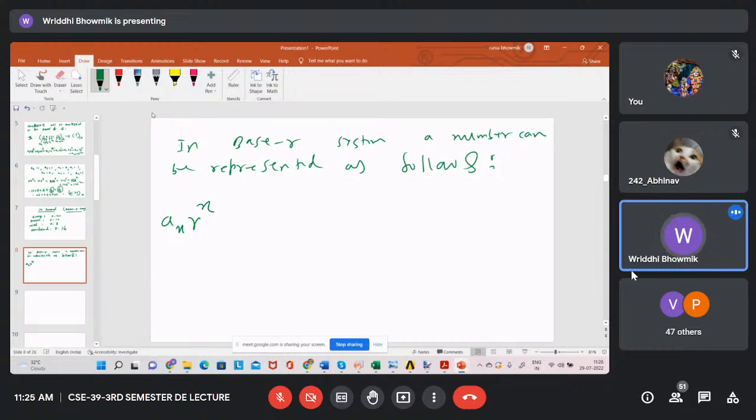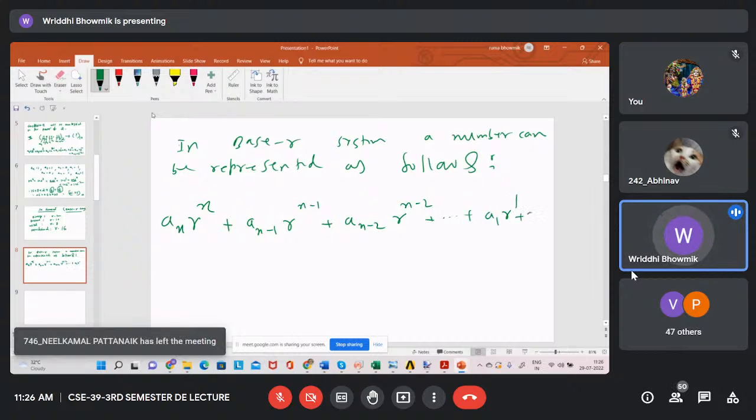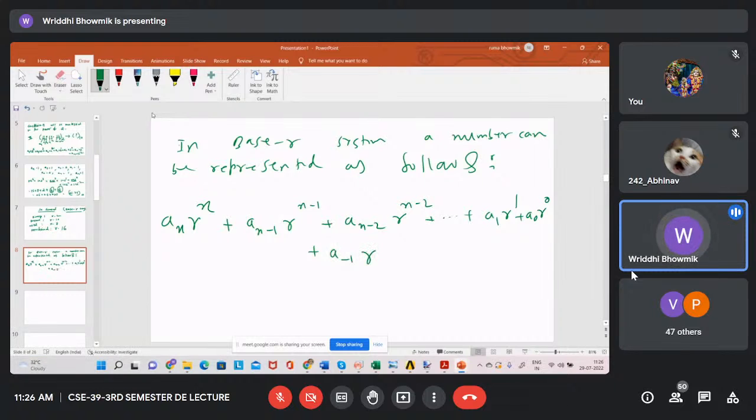I am writing the generalized equation, plus a n minus 1 into r to the power n minus 1 plus a n minus 2 r to the power n minus 2 plus dot dot dot plus a1 r to the power 1 plus a0 r to the power 0 plus a minus 1 r to the power minus 1 plus a minus 2 r to the power minus 2 plus dot dot dot plus a minus m r to the power minus m. So this is the general expression, where an, an minus 1, an minus 2, a minus m, those are the coefficients. Okay.